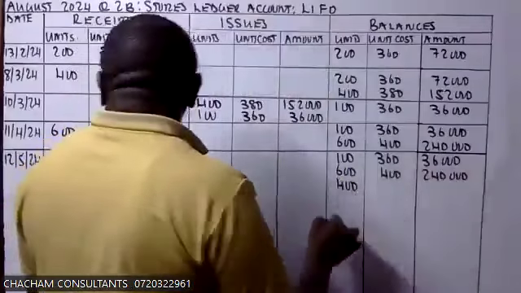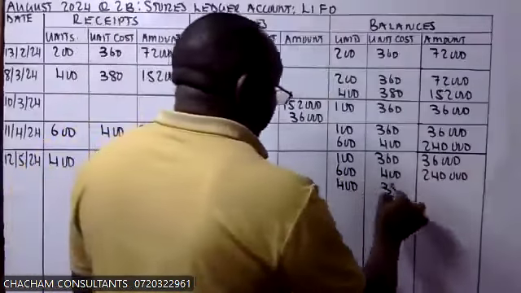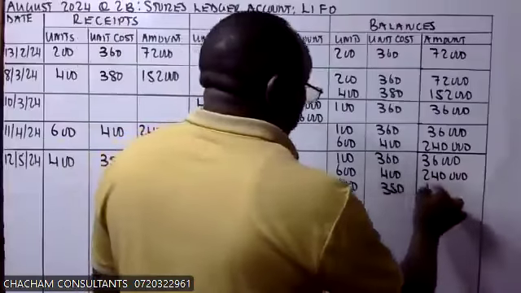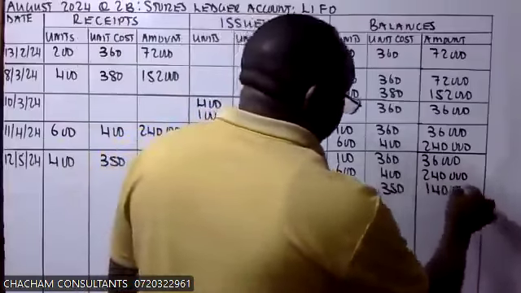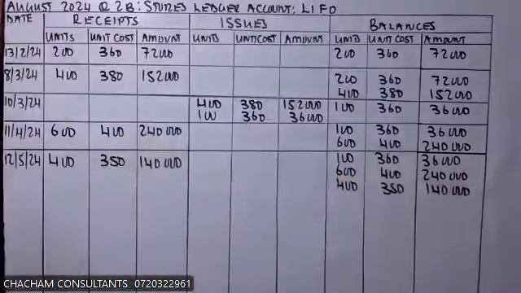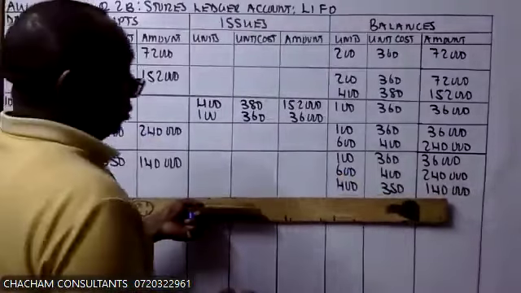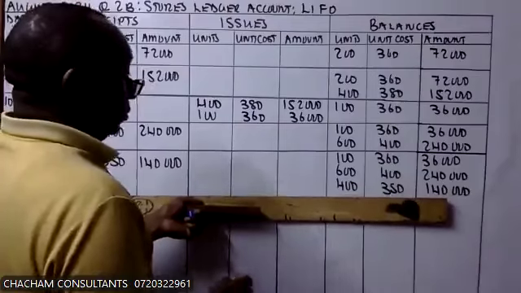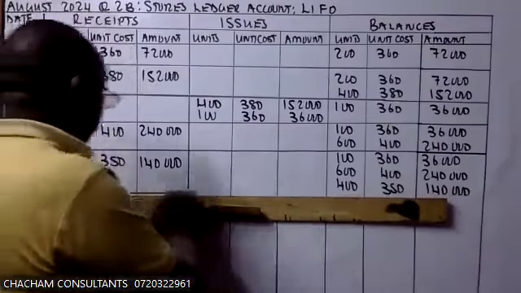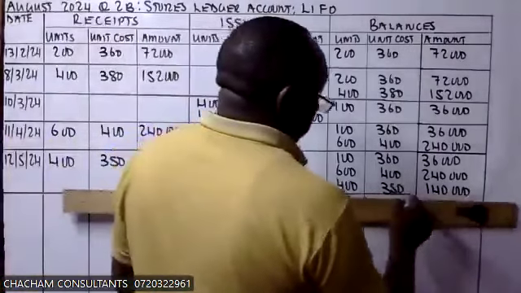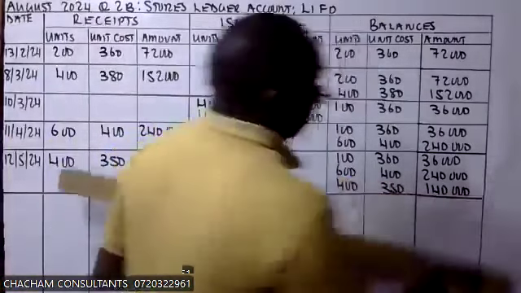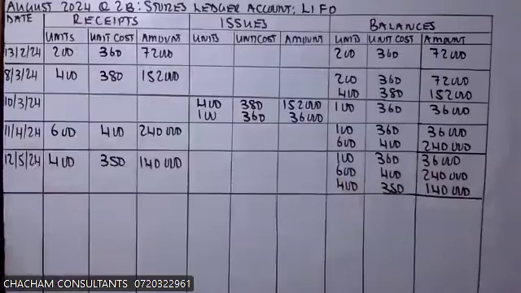Then 400 that we have bought at 350, 140,000. That is what happened on 12th of May.